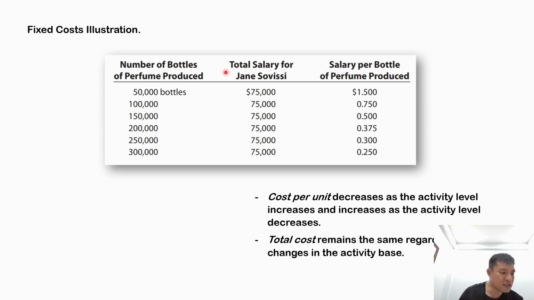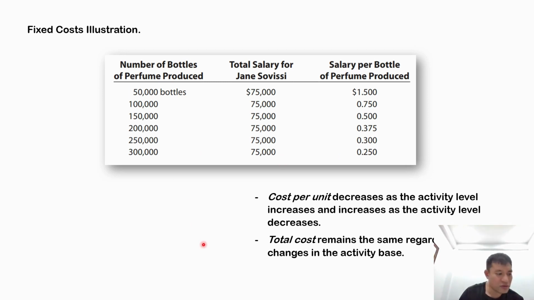So, for Jane Suvisi's salary, the cost per unit decreased from 1.5 US dollars for 50,000 bottles produced to 0.25 US dollars for 300,000 bottles produced.